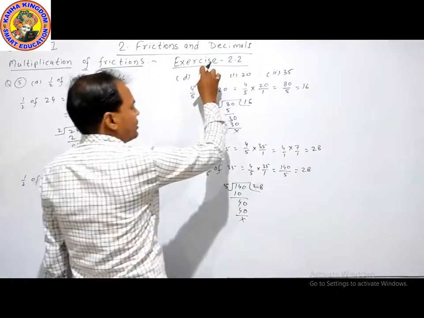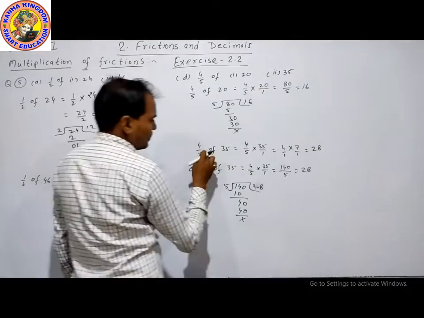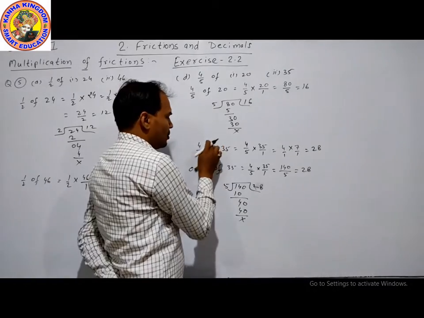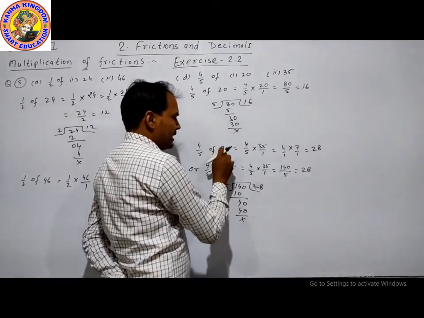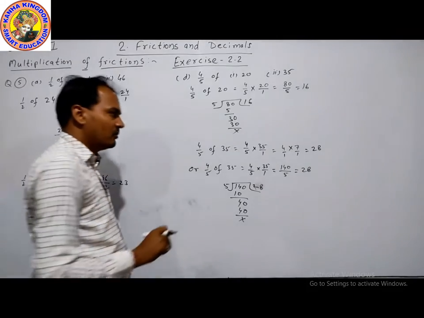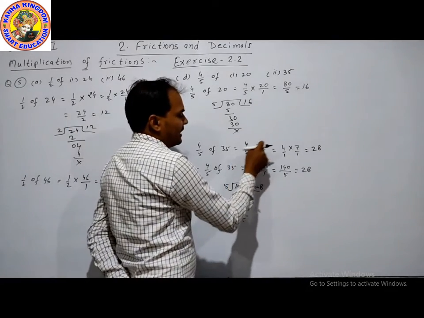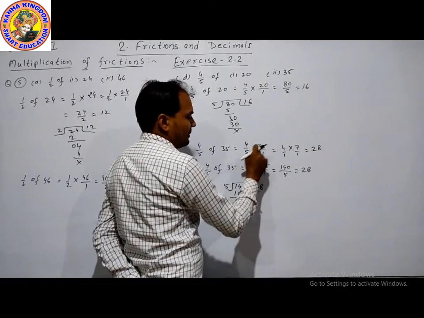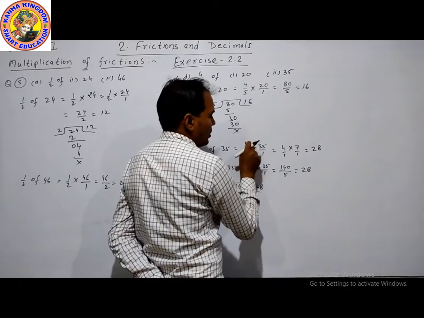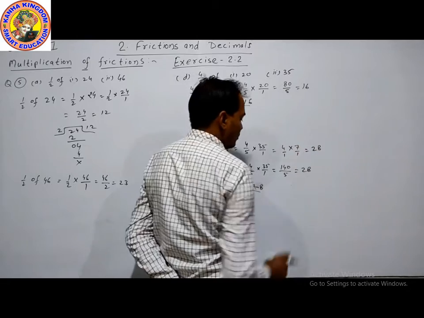Our next question is 4 by 5 of 35. 35 will be converted into a fraction by dividing by 1. 5 can divide 35 7 times. So 4 into 7, 28.